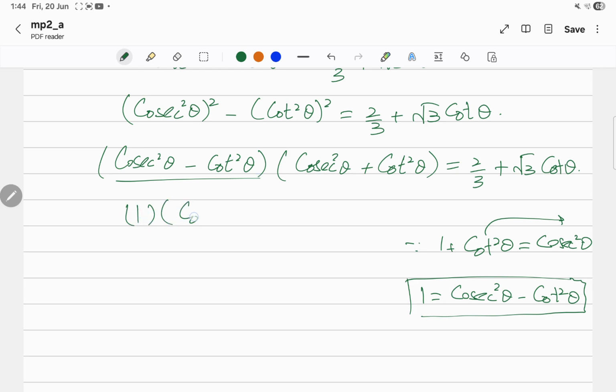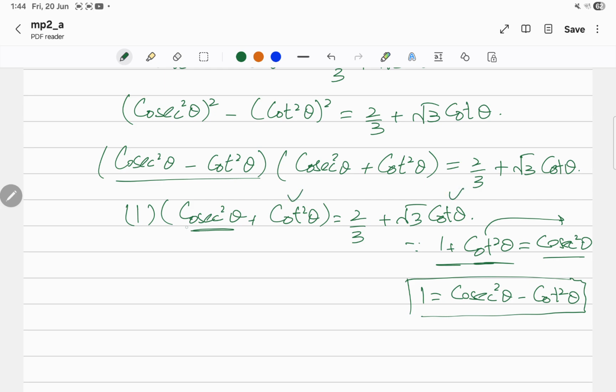We're left with cosec square plus cot square theta equals 2/3 plus root 3 cot theta. Now we can use the same identity again to replace our cosec square with 1 plus cot square, to get the whole equation in terms of cot, because this is cot square, this is cot.